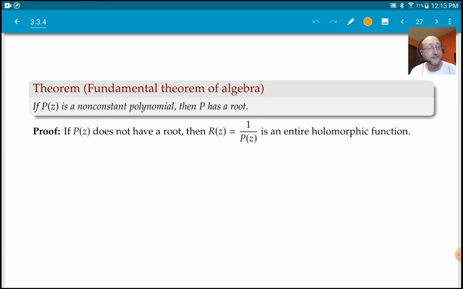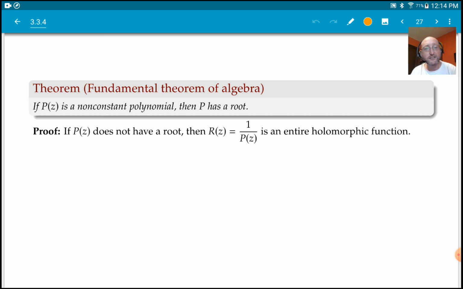So suppose that P does not have a root. It's either going to be a constant polynomial, but it cannot be; we're going to show that it cannot be a non-constant polynomial.